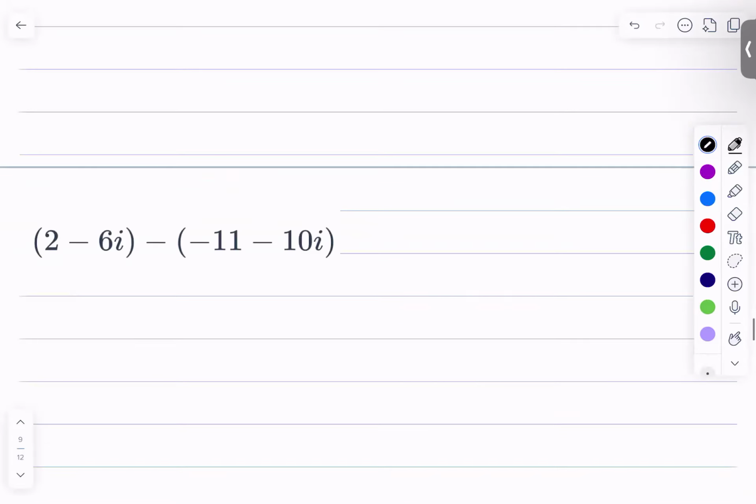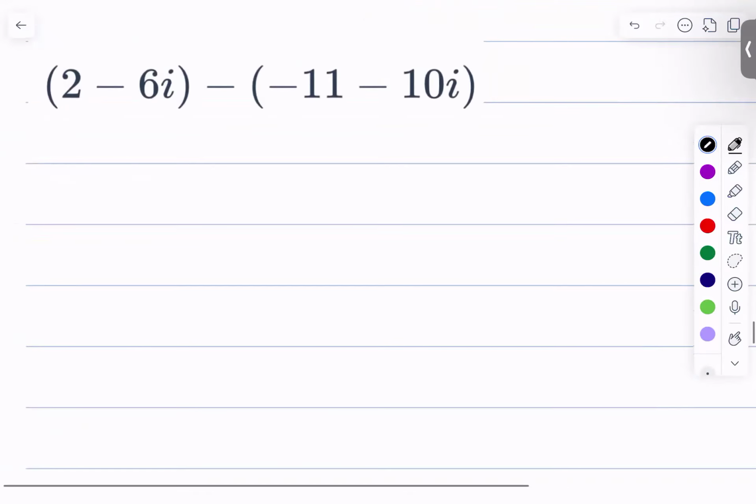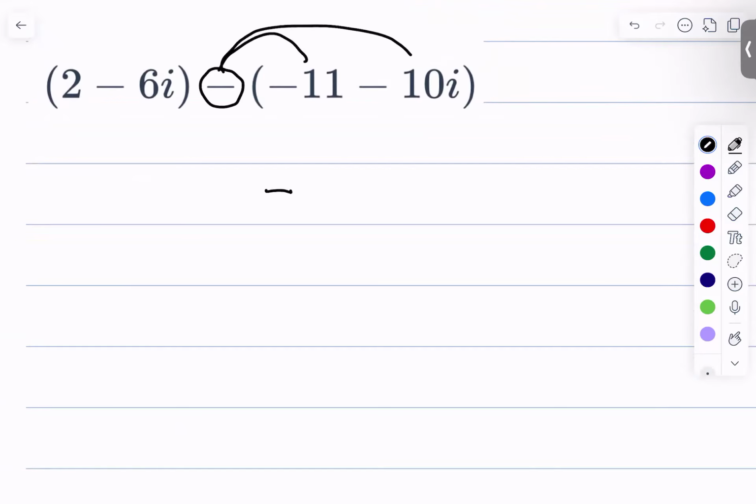I want you guys to try these two out, and we'll talk about it in a little bit. For this first one, 2 minus 6i minus (-11 minus 10i), I'm going to first distribute out that negative. It's going to be plus 11 plus 10i, and then 2 minus 6i, and then all we're doing is gathering the like terms.